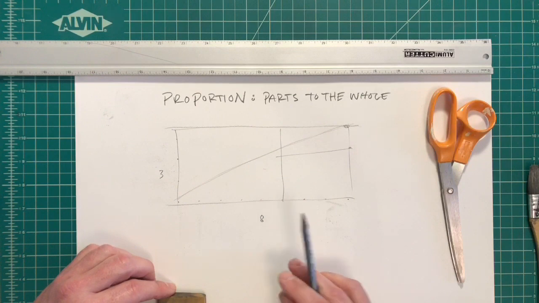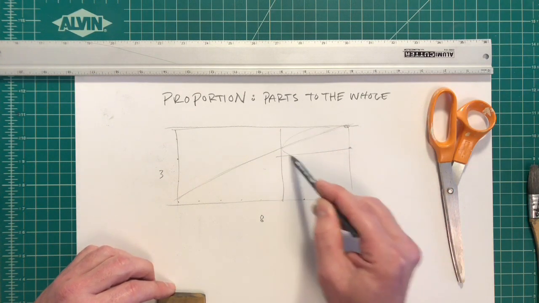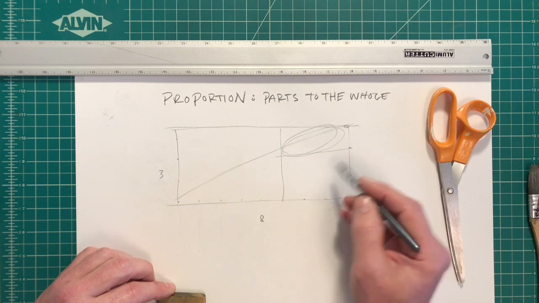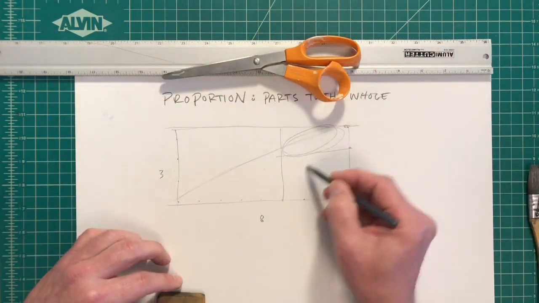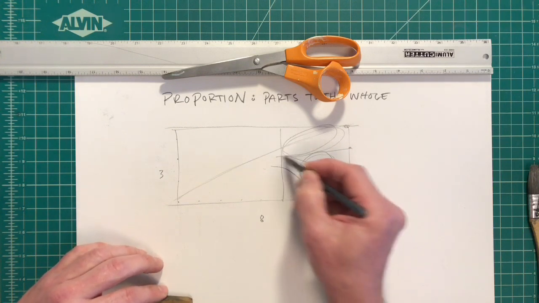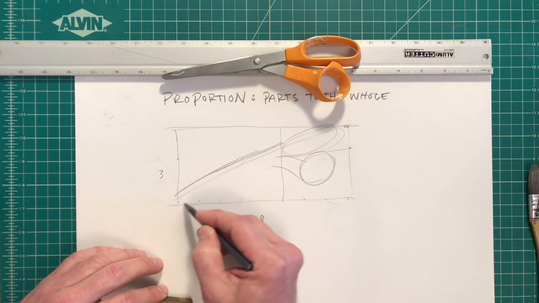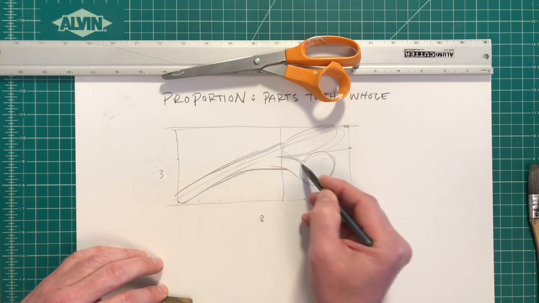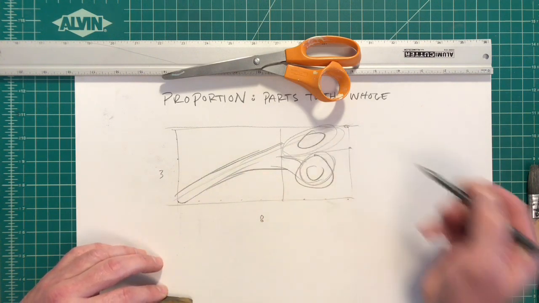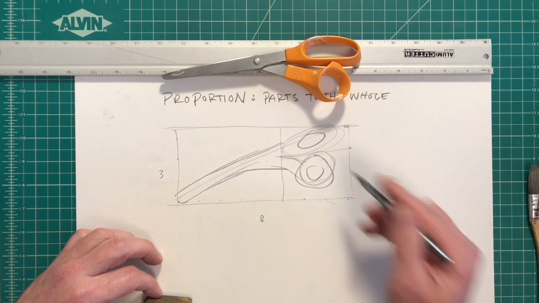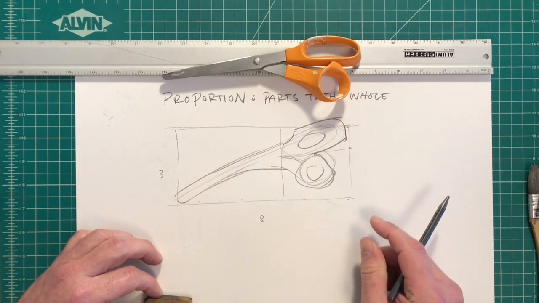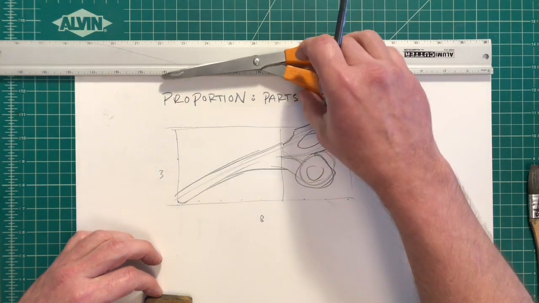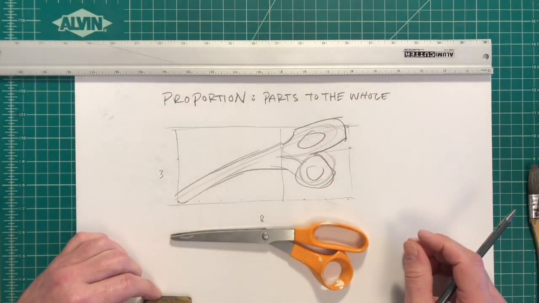So I can start to plan my object, and even if I start to draw freely from observation, I can still have a pretty good sense of where I am going because I've planned things out in proportion. And I'm going to get something that, in the end, will look a lot more like my scissors than if I didn't take any sight measurements at all when we started. All right, so more on sight measuring in just a second.